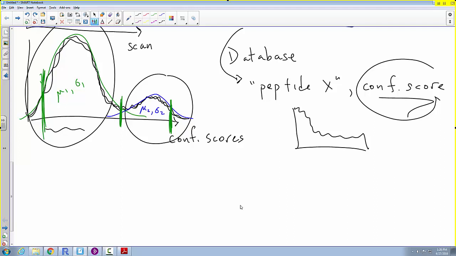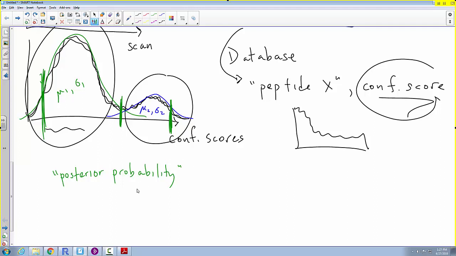What often is used in proteomics is a posterior probability of a correct identification. The use of posterior should bring to mind Bayesian methods, like Bayes' rule when we talked classification, which is getting the posterior probability that you're class A, given your input vector.